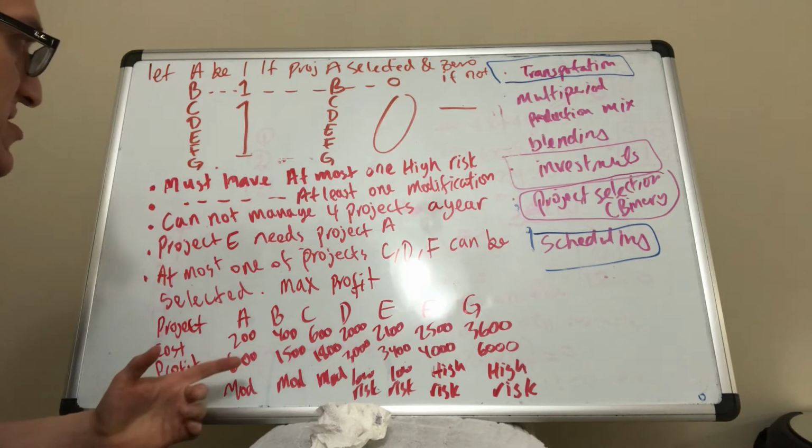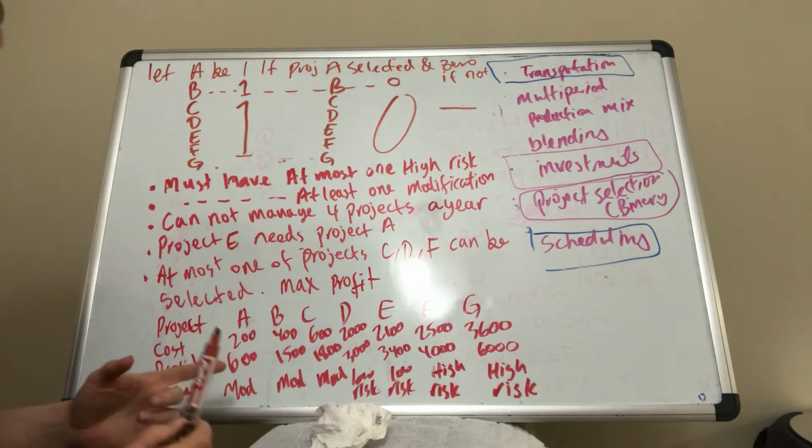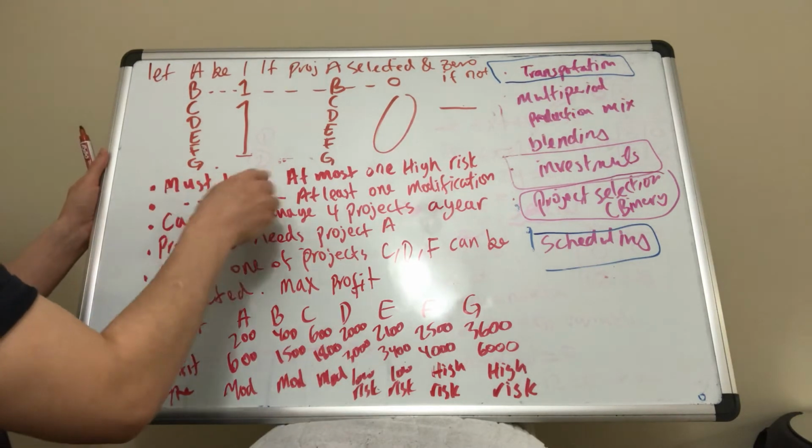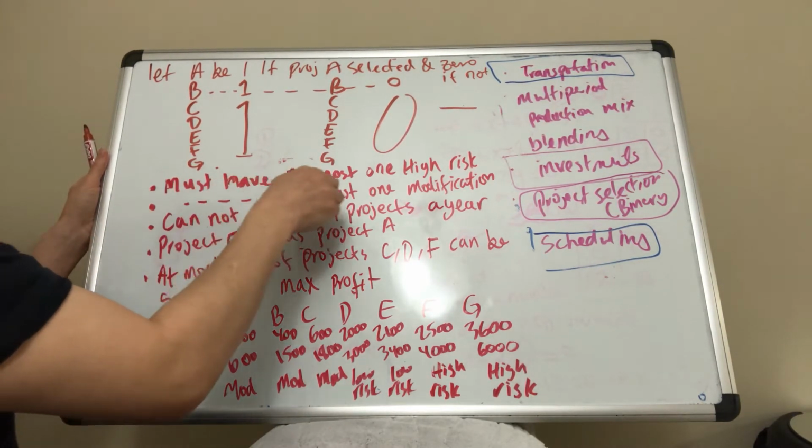Now, they tell you after this that you're maximizing profit. Remember, I'm gonna erase this line that must have at most 1 high.